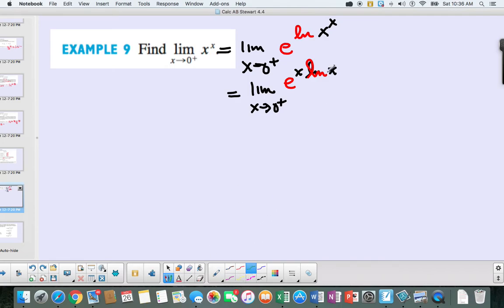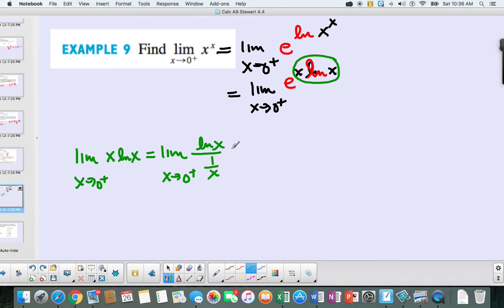Now what I want to do is figure out what this value is, and whatever that limit is, then I'll be able to continue. So I'm going to take the limit as x approaches 0 from the right-hand side of x natural log of x. And I hope you remember we just did this a few minutes ago. We did it by making it a quotient, natural log of x over 1 over x, and we ended up getting 0 as our answer.